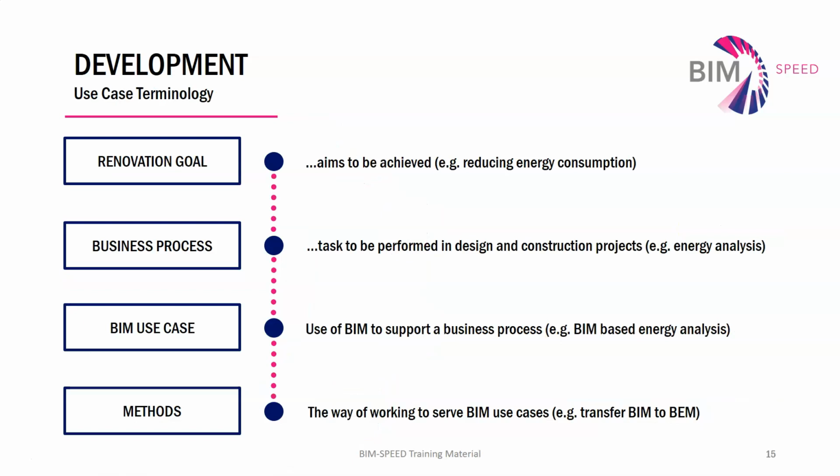And that leads to the second question: which use cases are supporting these objectives? So first of all, we have to define what is meant by use case and which terminology we are using in the BIM-Speed project.